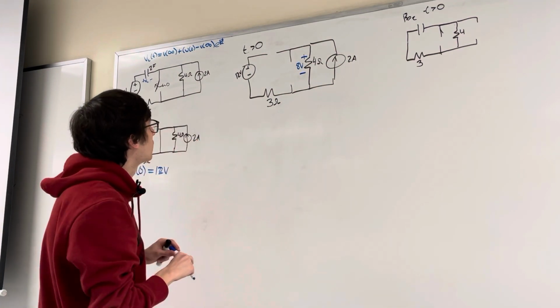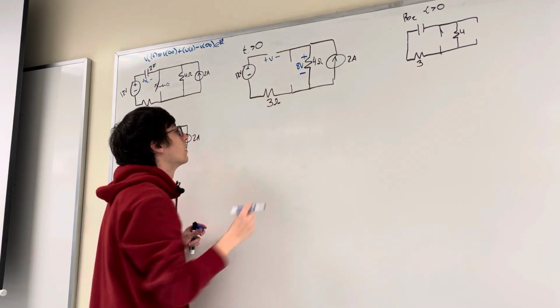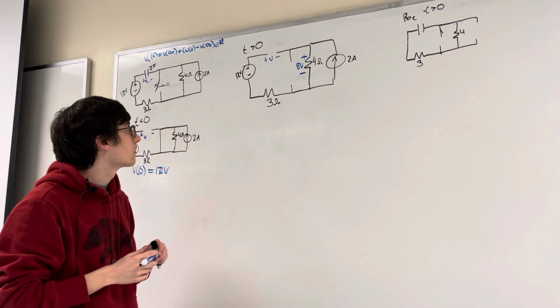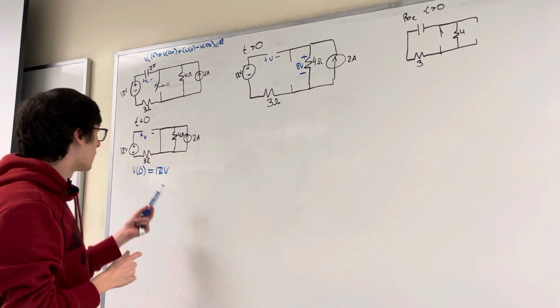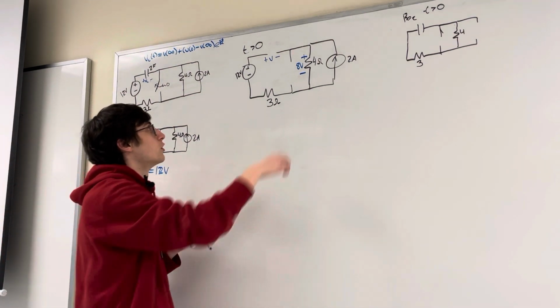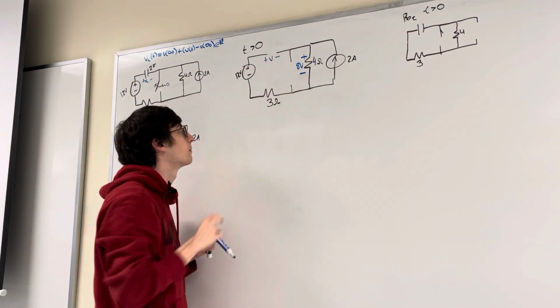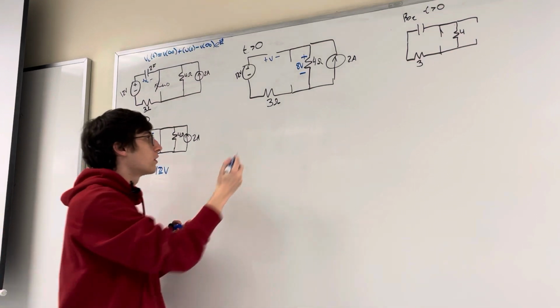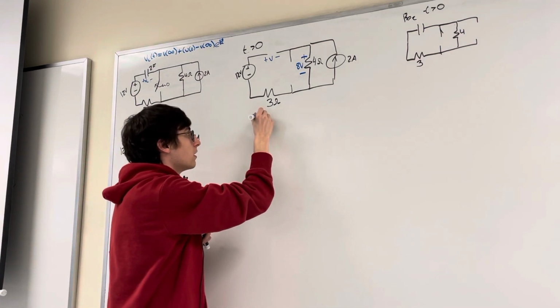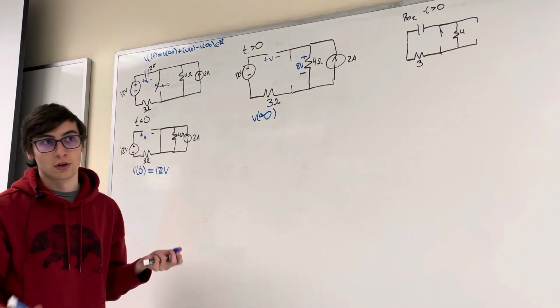Just like last time, we're trying to find the voltage across here. And just like when t is less than 0, there is no current flowing through this half of the loop because it's an open circuit. So now we want to find V of infinity, which just means the voltage when time is greater than 0.